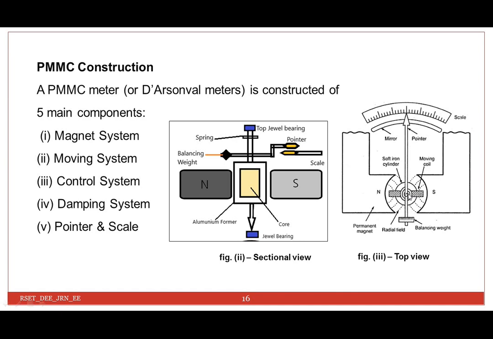You can see the spring over here which provides the controlling torque, and on the spindle you are having the pointer attached to it. This is a graduated scale which is linear, and you can see the mirror which provides the reading without any parallax error. And this is the balancing weight. So this shows the top view of the PMMC instrument.